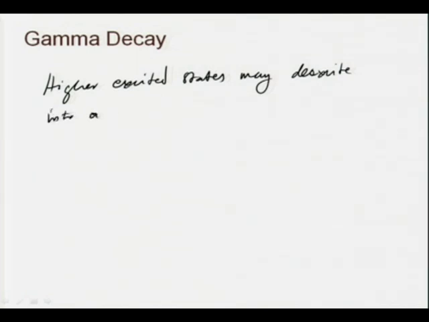So, in such cases, we will have to add all the probabilities. So, let us say higher excited states may de-excite into one of the lower states, right.